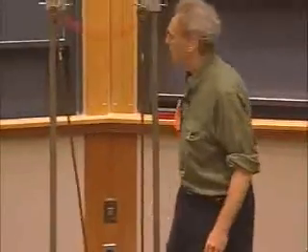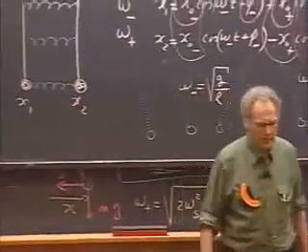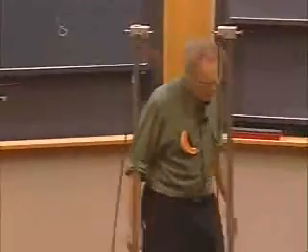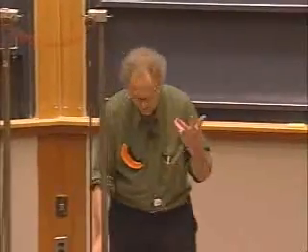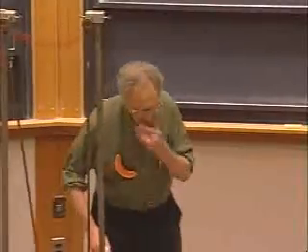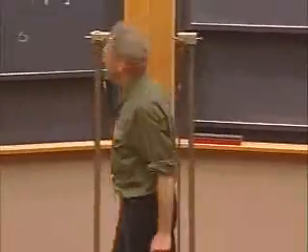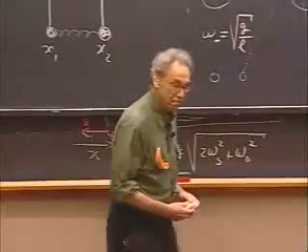I want you to appreciate that we have two coupled oscillators here that give you two normal modes. If you have three coupled oscillators, we will get back to that, then there are three normal modes, and if you have four, then you have four normal modes. Now clearly what we need is a general recipe.